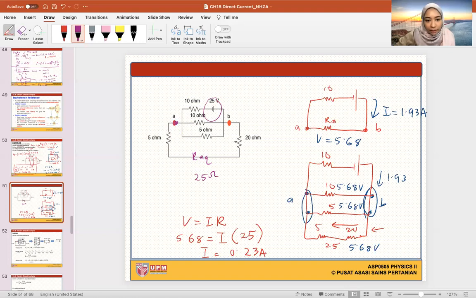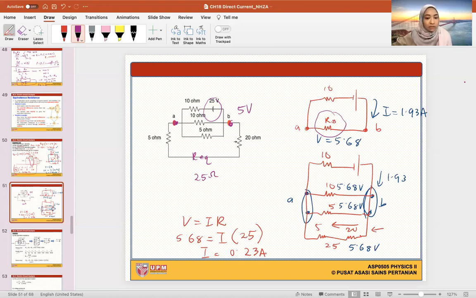It has the same voltage. So if I calculated the voltage from A to B is, for example, 5 volt. Okay, so the 10 ohm has 5 volt, the 5 ohm has 5 volt, the 25 ohm has 5 volt. When I combine these three parallel circuits together to become 1 over 10 plus 1 over 5 plus 1 over 20, 1 over that whole thing, and I get the R equivalent, which is RB, the voltage across RB is still 5 volts.